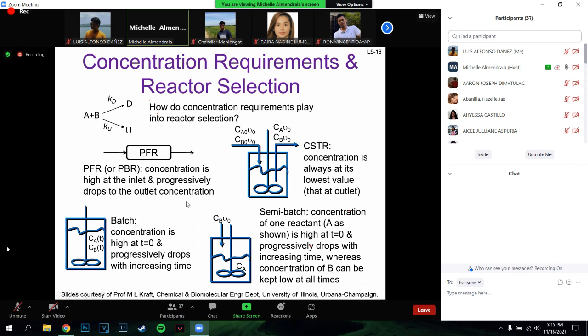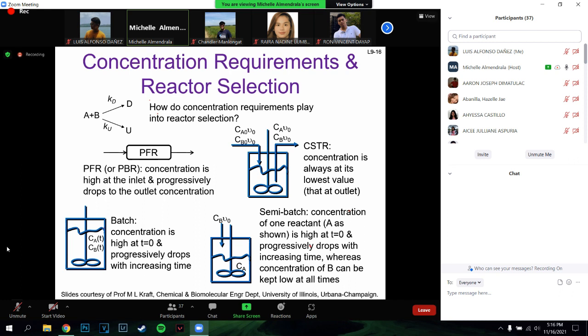And so it progressively drops to the outlet concentration. The concentration for a CSTR is always at its lowest value at the outlet, because whatever is leaving is already at the end of the reaction. So the minimum amount will be present at the outlet for a CSTR.